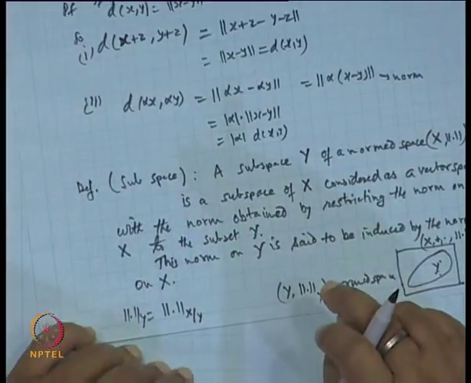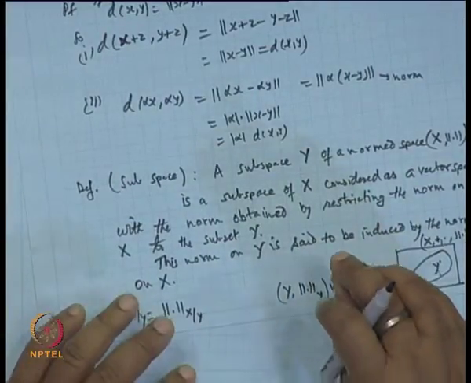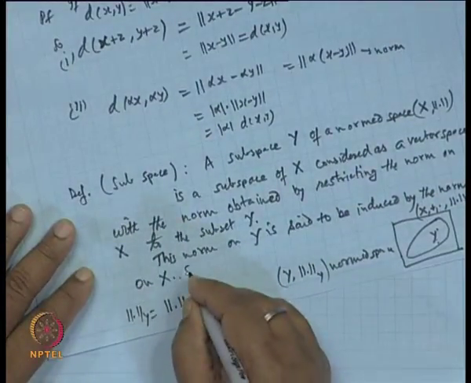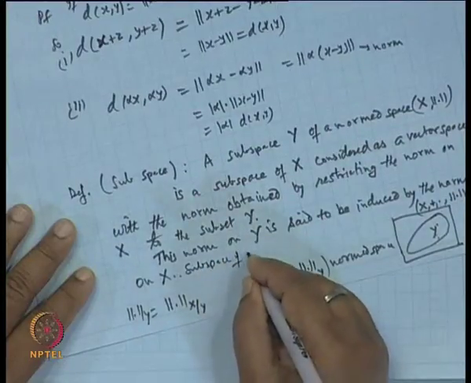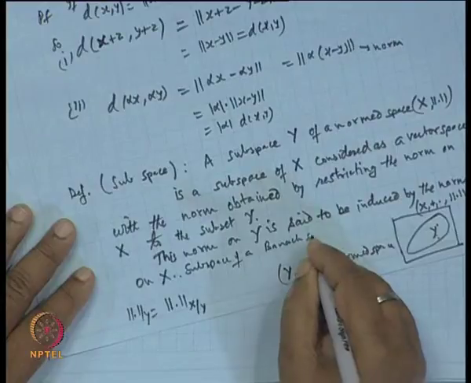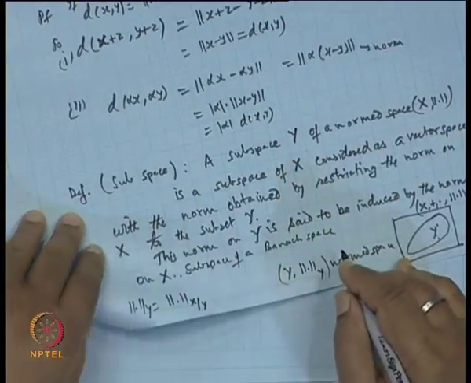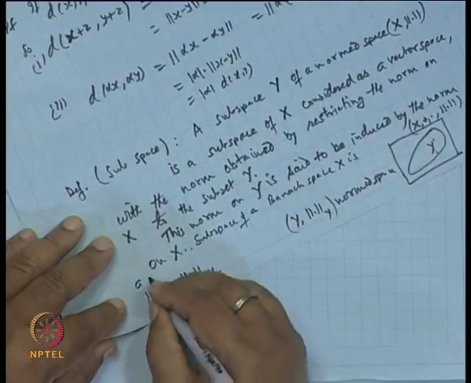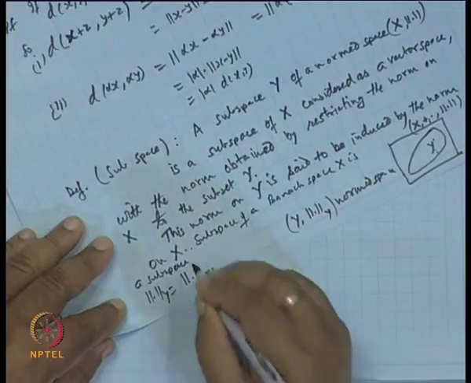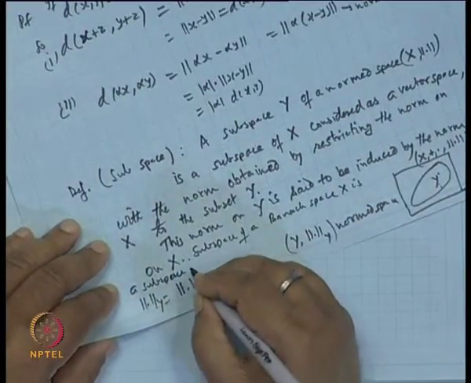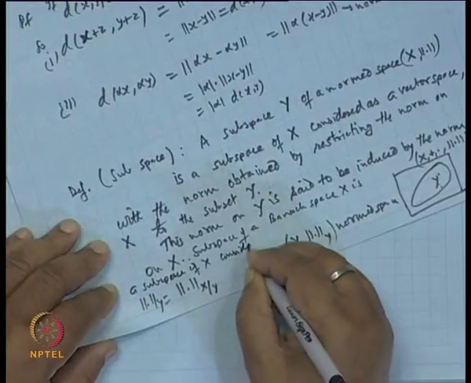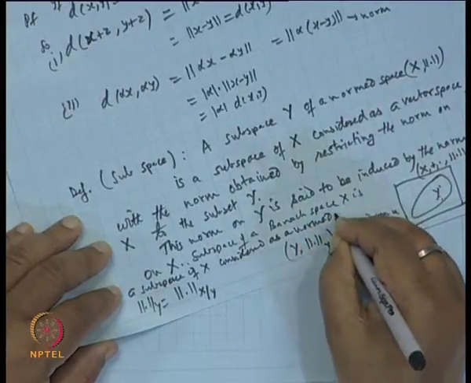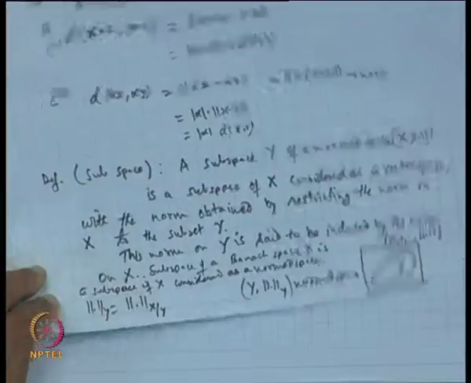So, a subspace of a Banach space X is simply a subspace of X considered as a norm space, not as a Banach space. Okay? So, this is important.